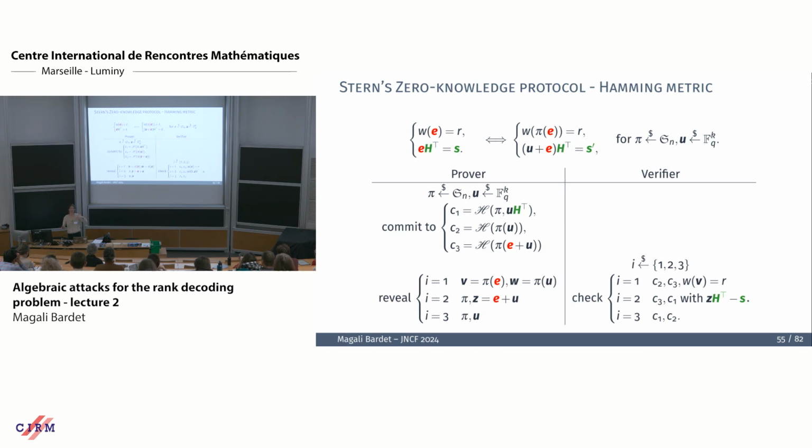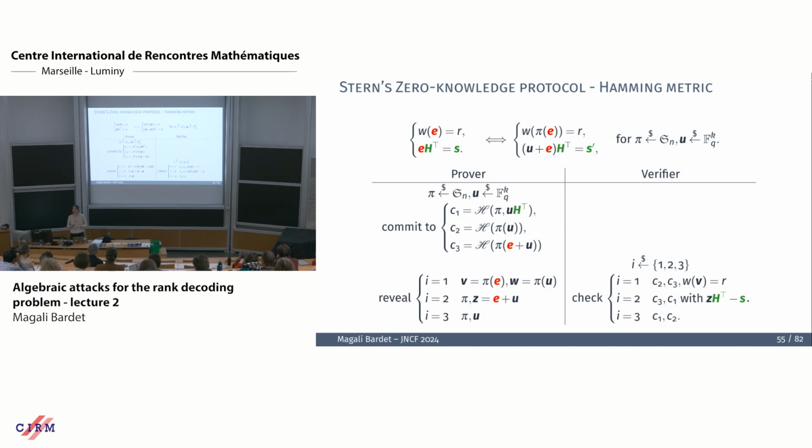So the idea of the protocol is you run the protocol once, and you can cheat for two questions, but not for three. So you have two chances out of three to succeed in the protocol by cheating. And then you do the protocol several times.